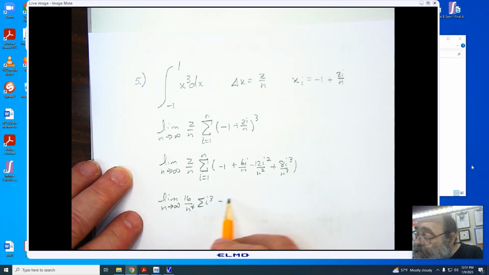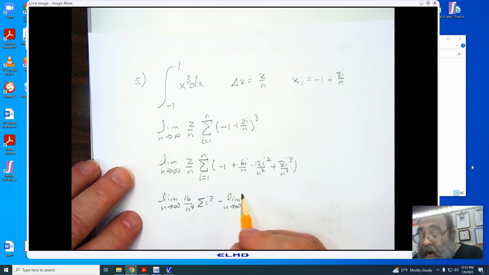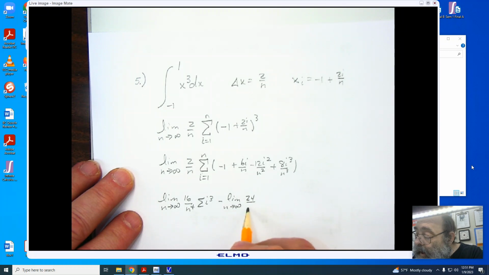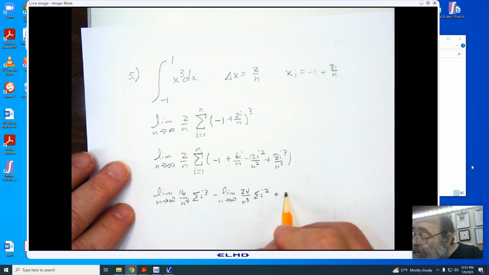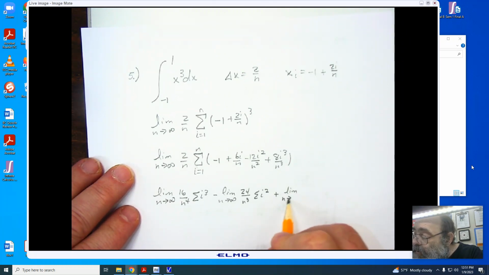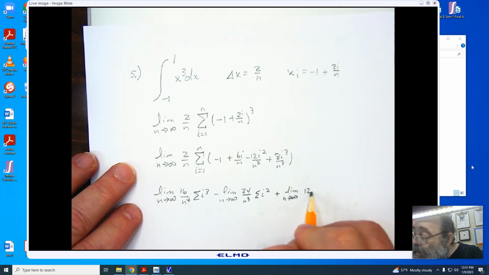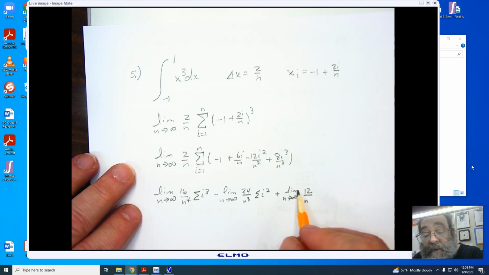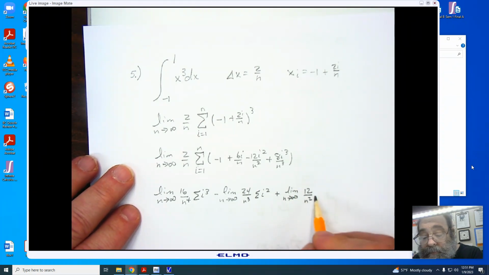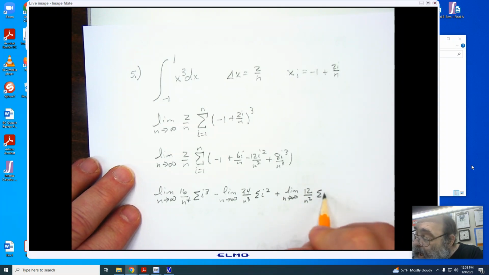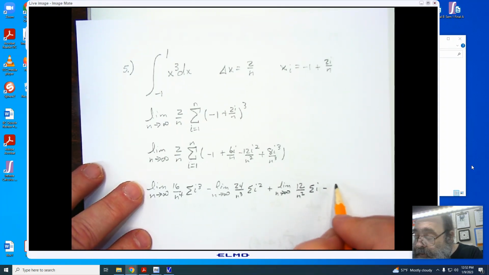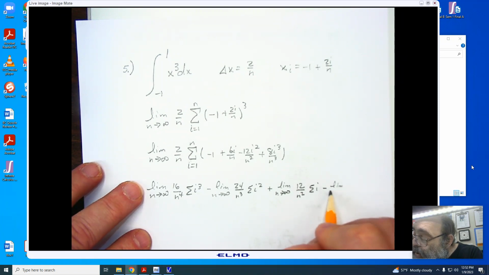Then I'm going to have minus the limit as n approaches infinity, and I'm now going to have 24 over n cubed summation i squared, plus the limit as n approaches infinity, and I'm going to have 12 over n squared summation i, and then minus the limit as n approaches infinity for 2 over n summation 1.